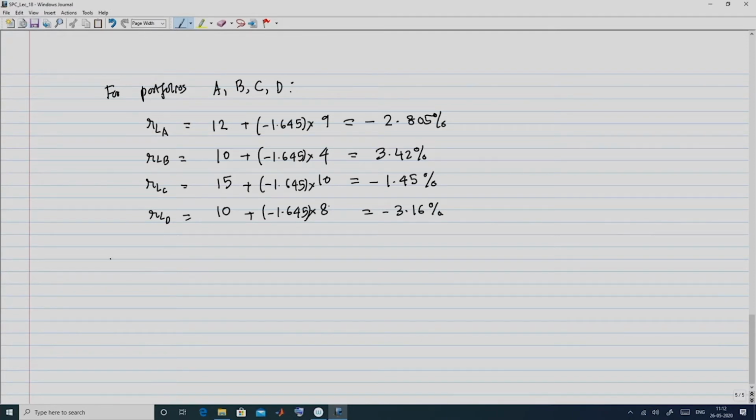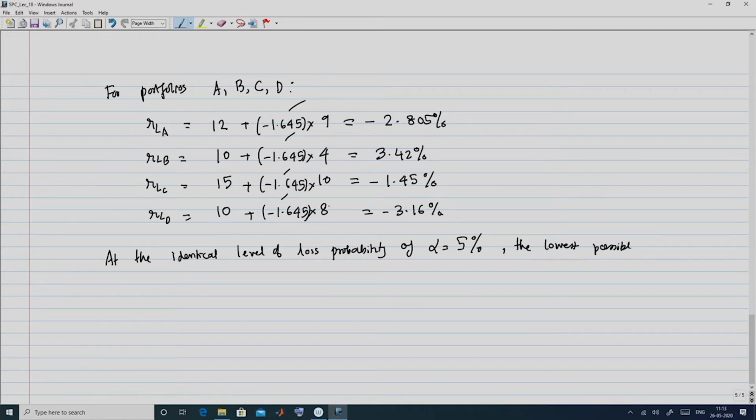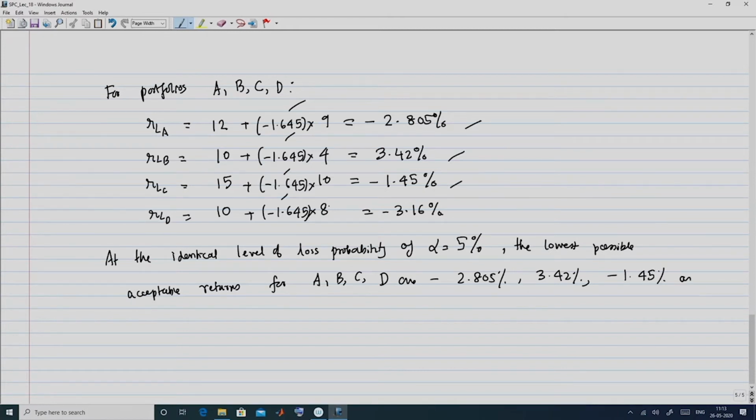So then what does that mean? Since we consider all of them to have identical loss probabilities, at the identical level of loss probability of alpha equal to 5%, and I am considering them identical because I have minus 1.645 in all the cases, the lowest possible acceptable returns for A, B, C, D are minus 2.805%, minus 3.42%, minus 1.45% and minus 3.16%.